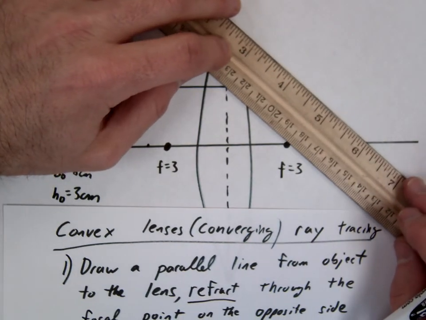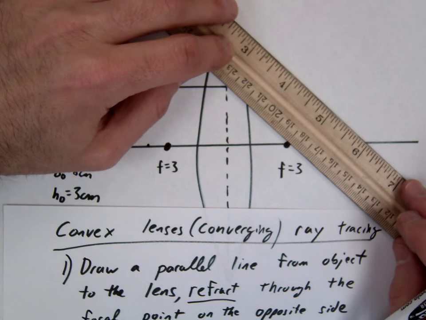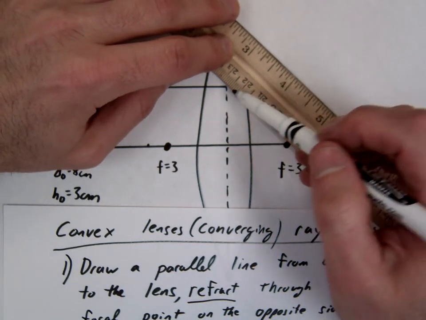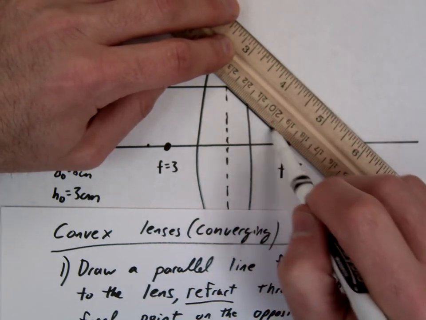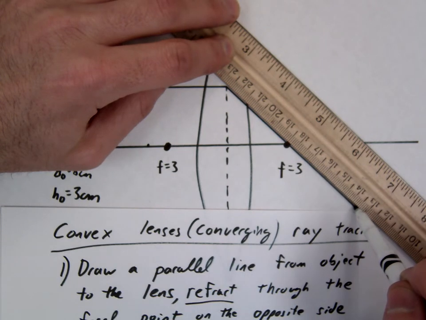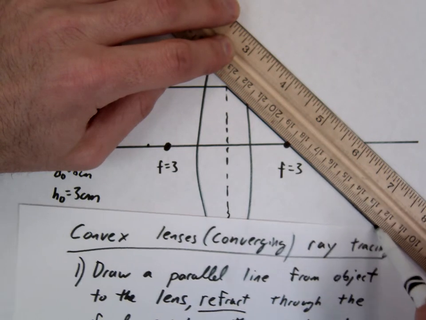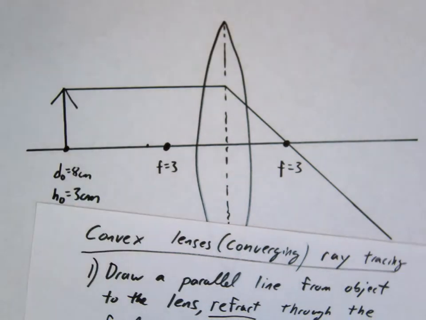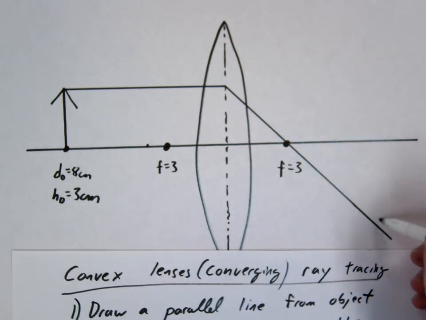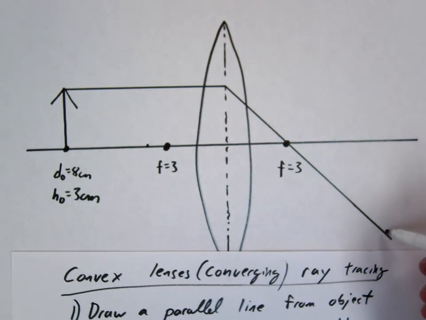So line up your ruler with the focal on the opposite side. Okay, draw it on through. So that's beam 1.